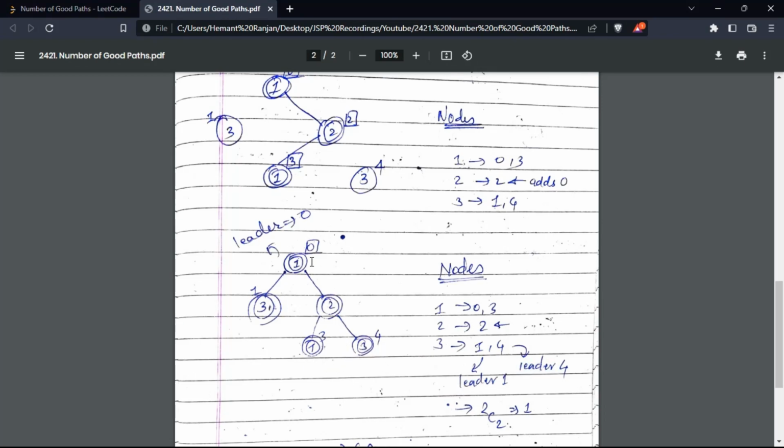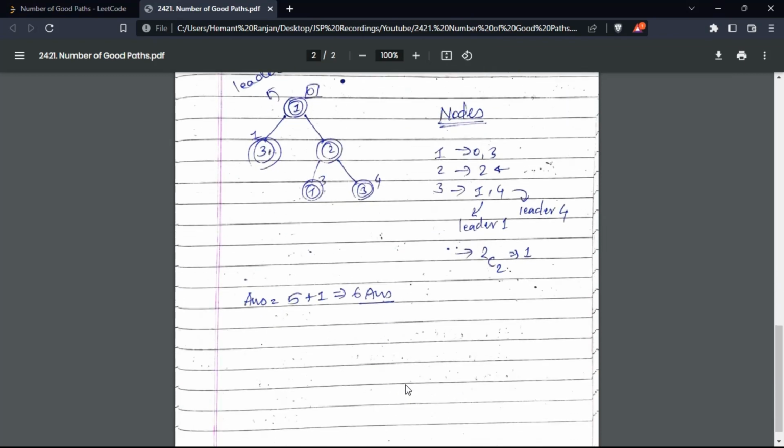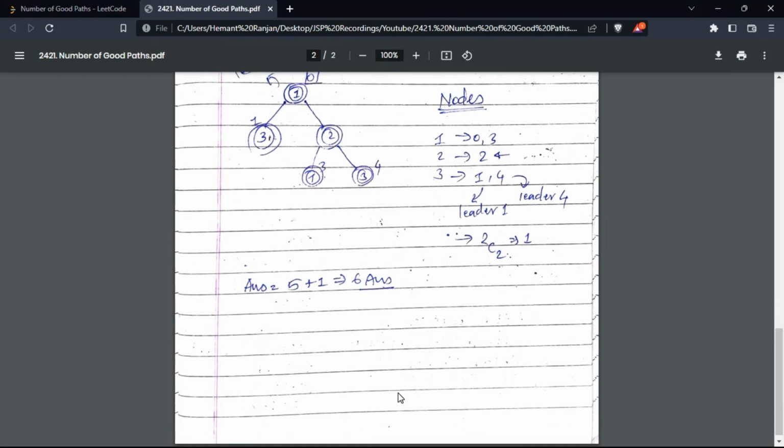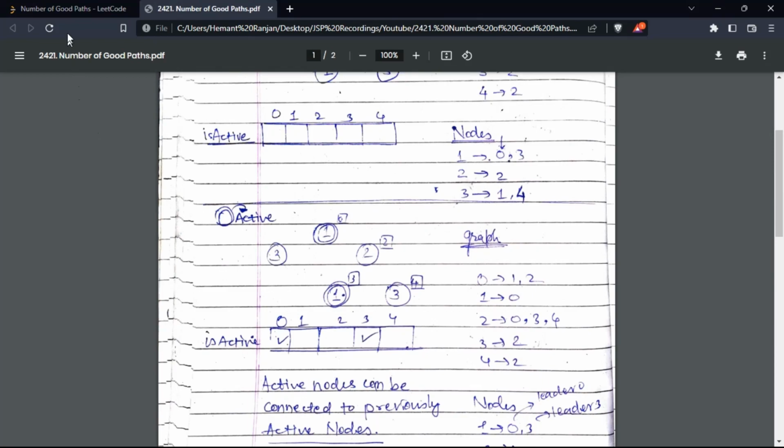If we calculate by the formula x choose 2, the answer would be 1. So it will add up to our answer: 5 plus 1 equals 6. I hope you understand my approach.